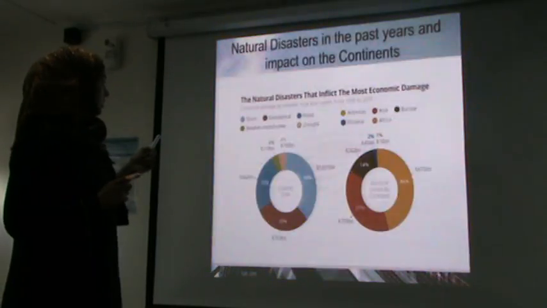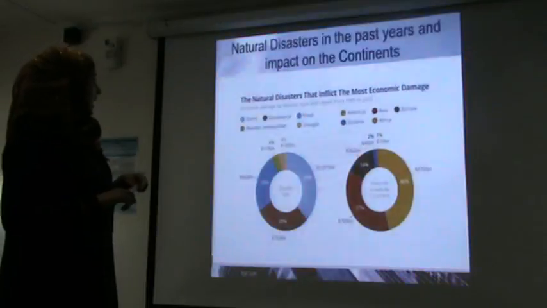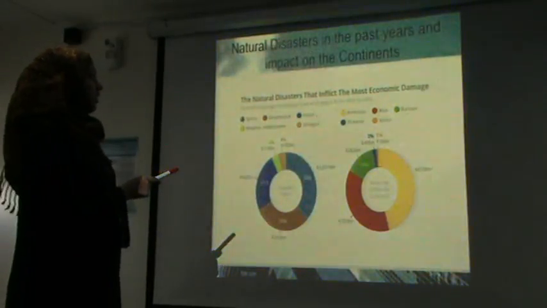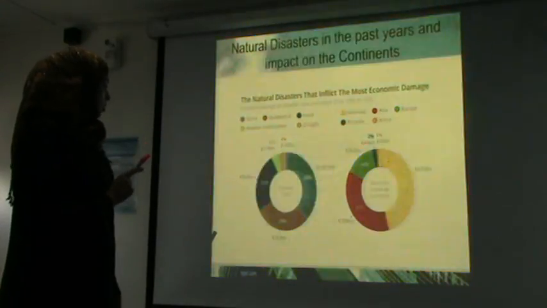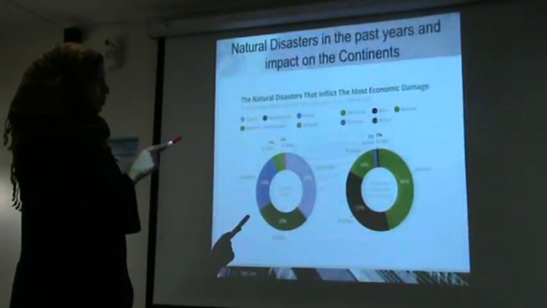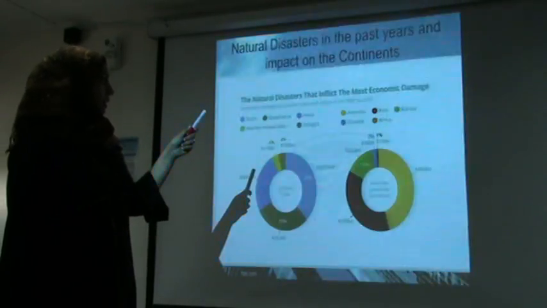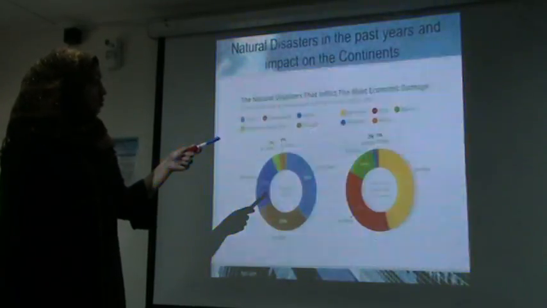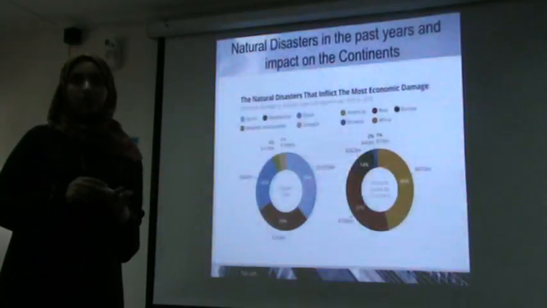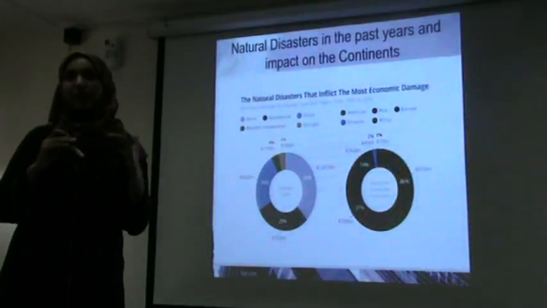So we see that these are the statistics for the past 20 years, and we see that storms and floods have created immense damage, and they have put a lot of property, that is a lot of money, at loss. The USA, that is America, is the continent that has been affected widely, and around 870 billion US dollars has been lost.